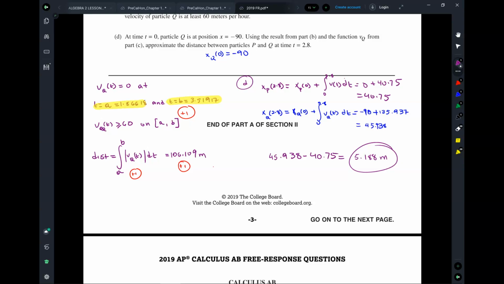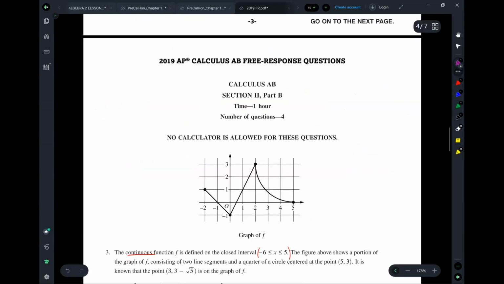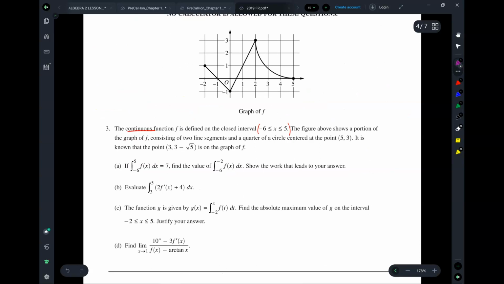We have a continuous function, that's important, we're underlining that part, defined on the closed interval from -6 to 5. The figure above shows a portion of the graph consisting of 2 line segments and a quarter of a circle. So they tell you that so there is no doubt in your mind that this is a circle, this is a segment, this is a segment, and that's a quarter of a circle.